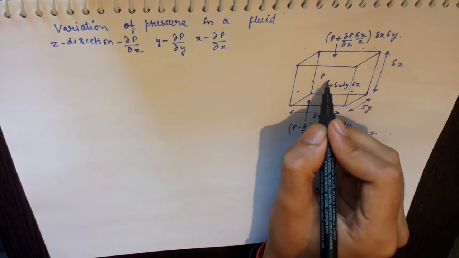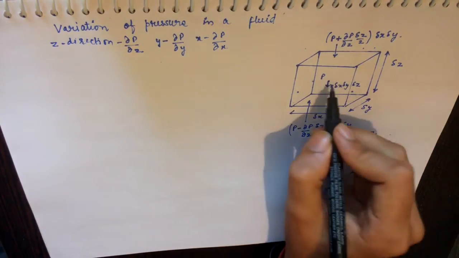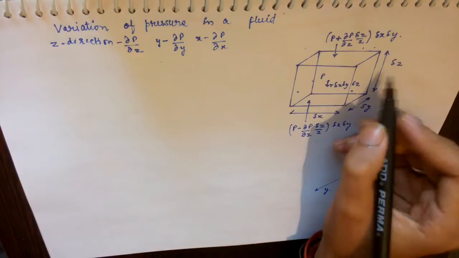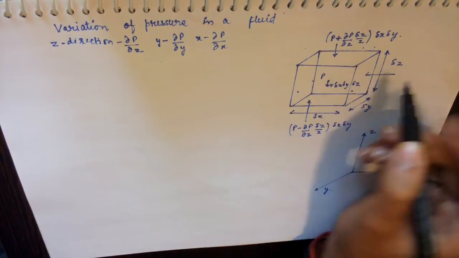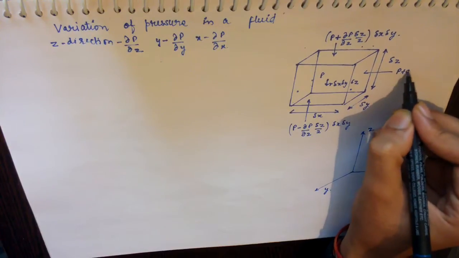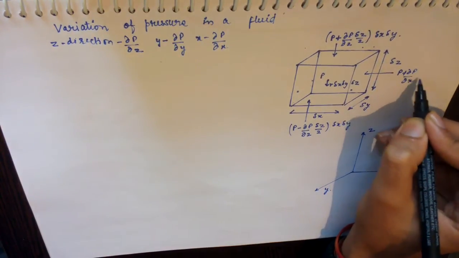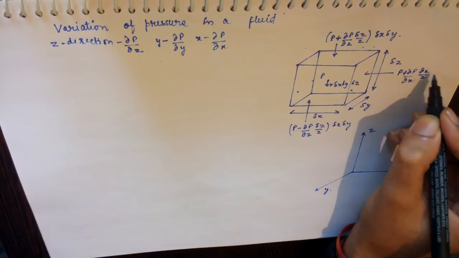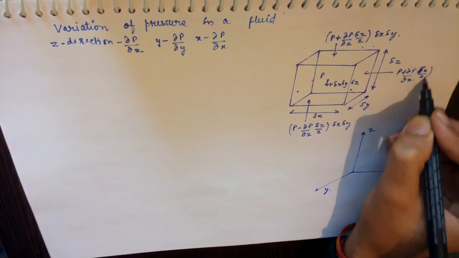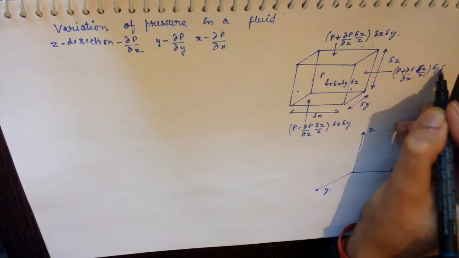Similarly, if we go in the positive x direction from the center, the pressure at this surface will be p plus del p divided by del x into delta x divided by 2, and the force is this pressure into delta y delta z.